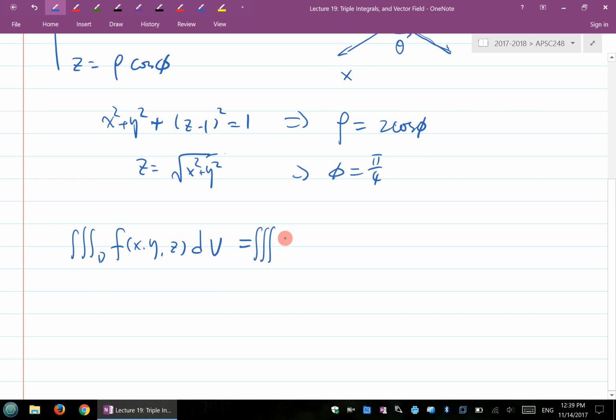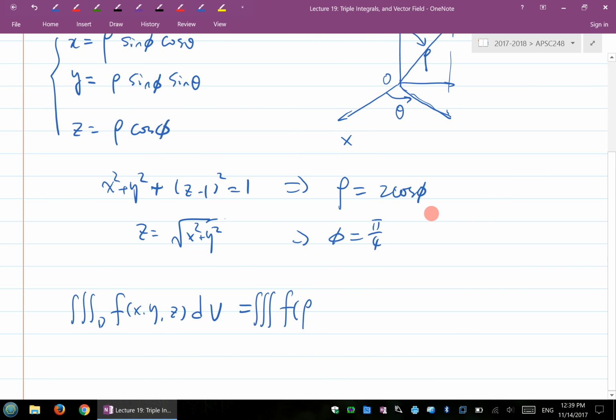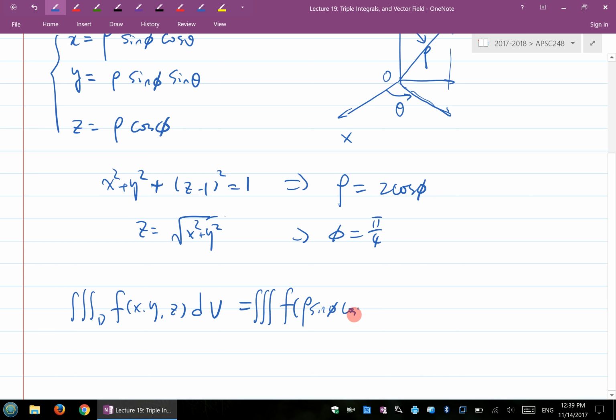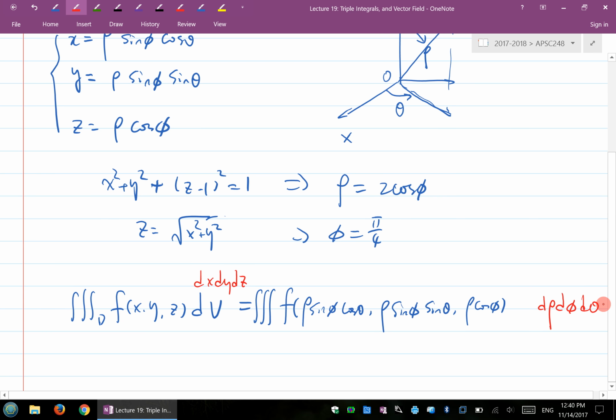So we replace x with rho sine phi cosine theta, replace y with rho sine phi sine theta, and replace z with rho cosine phi. And dV, originally dx dy dz in any order, becomes d rho, d phi, and d theta in the new spherical coordinates. So those are the new three variables.